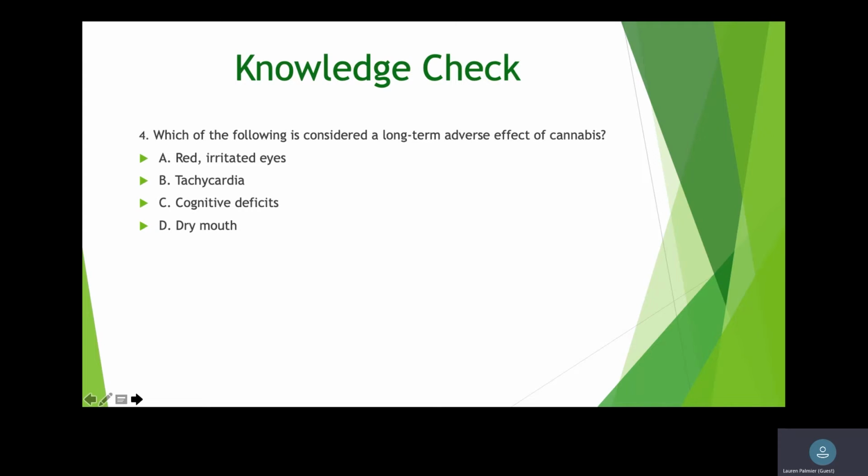So as we learned in previous slides, red irritated eyes, tachycardia, and dry mouth are all short-term acute adverse effects and can often be relieved with cessation of cannabis use or with treatment like eye drops for the red irritated eyes, or sometimes they just resolve on their own over a short period of time. Cognitive deficits may require a longer cessation period from cannabis to resolve or other interventions.